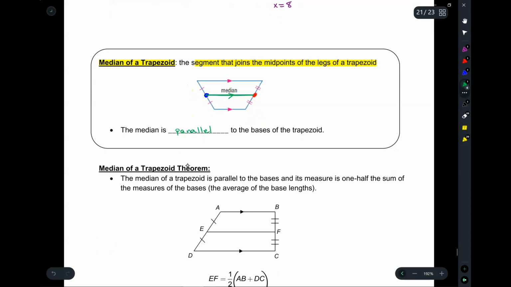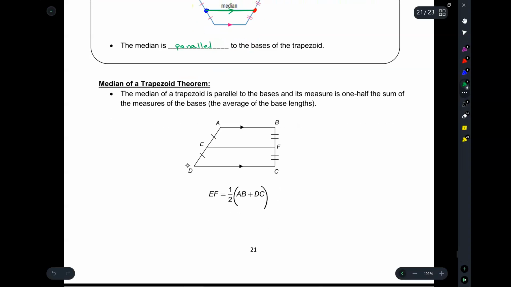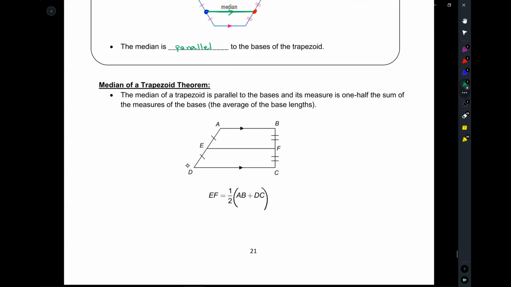Now, that's not all about medians of a trapezoid. It turns out the median of a trapezoid has a theorem of its own, and the theorem says that the median of a trapezoid is not only parallel to the bases, but its measure is 1/2 the sum of the measures of the bases. In other words, it's the average of the base lengths.